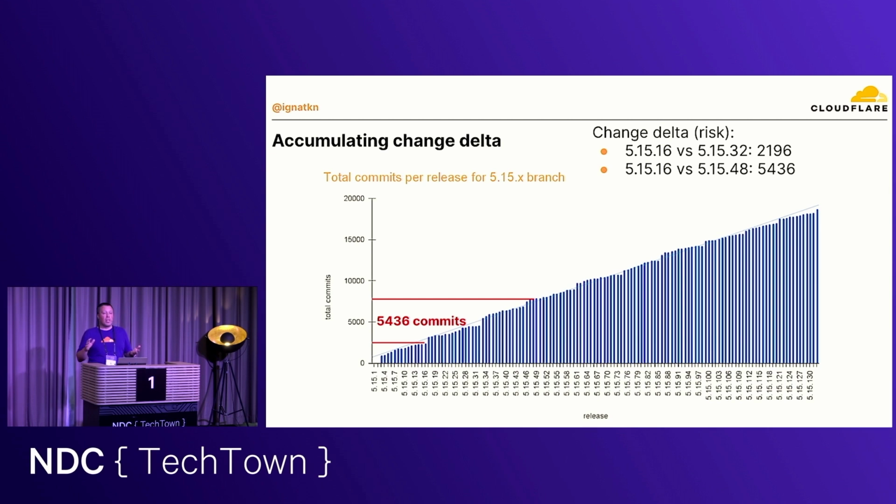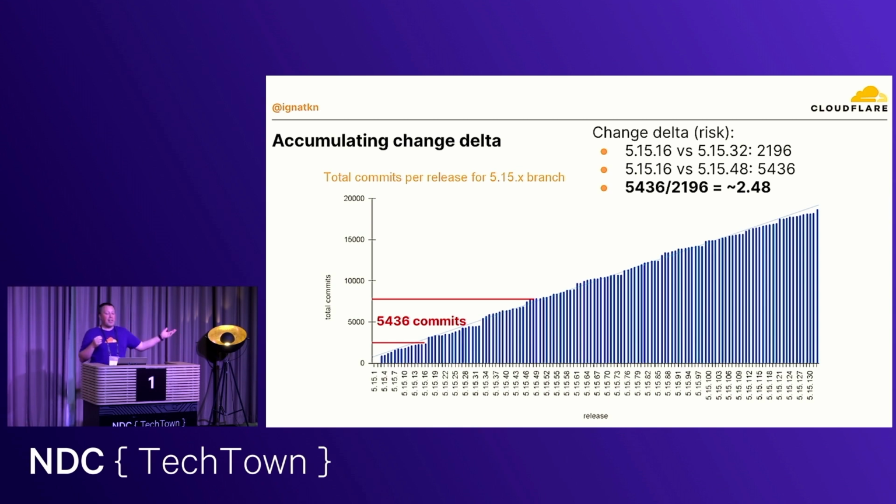Now, if we make the basic and reasonable assumption that the more commits you accumulate, the more risk you have of breaking something by applying all of those commits, you may notice that the ratio here is more than 2. Remember, these are weekly releases, so .16 to .32 passed the same amount of time as .32 to .48. You waited twice as long, but your risk of breaking your system didn't grow 2x.